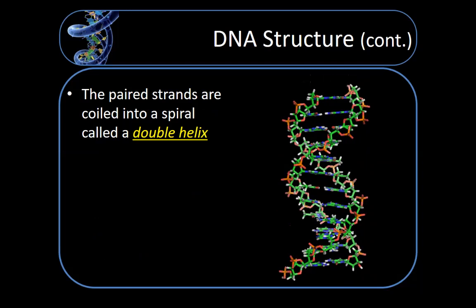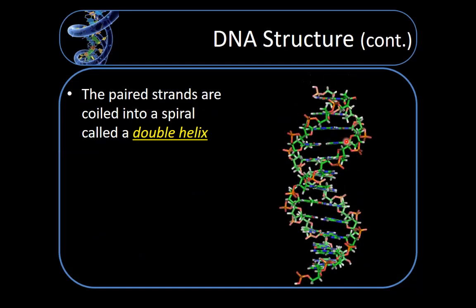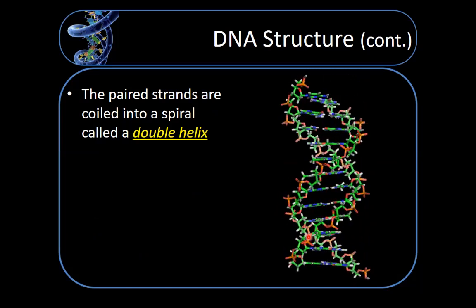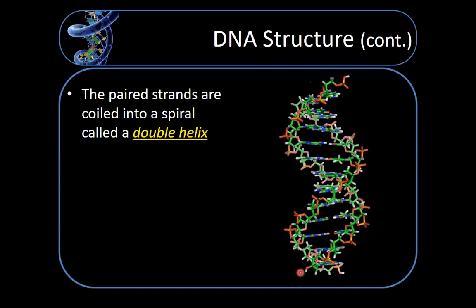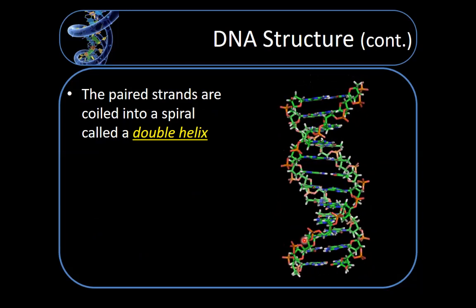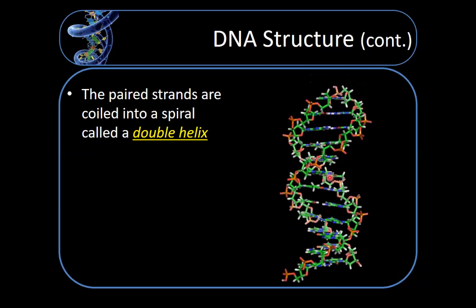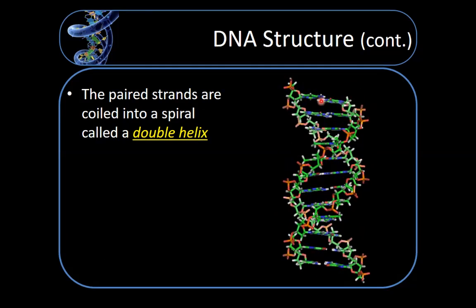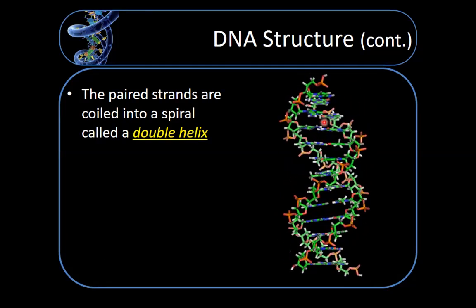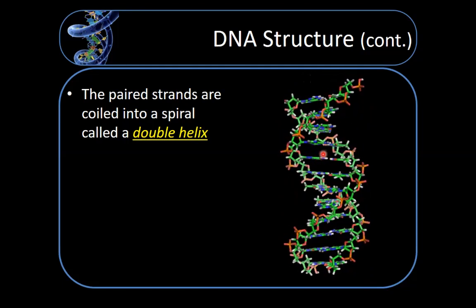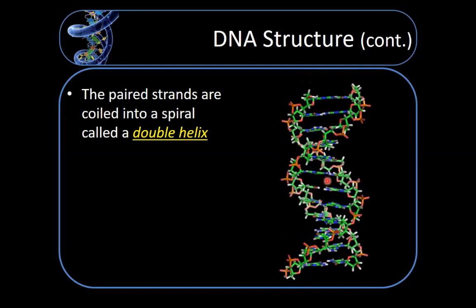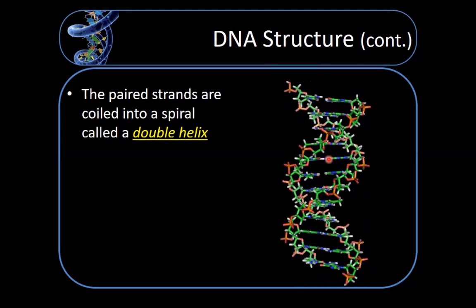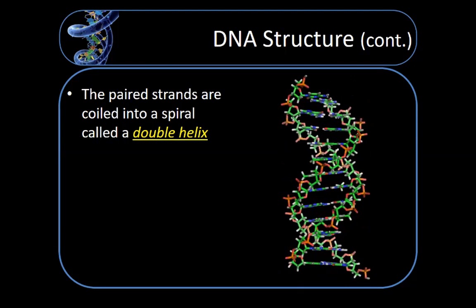On the outside, you've got these two sugar phosphate backbones. You can see here I'm running right along the backbone. Okay? So if I start with the next one, I've got this backbone that goes right here and it twists around, and that's your sugars and phosphates. These little pieces pointing towards the center, these rungs of the ladder, if you will, are the bases. And notice they're not physically connected. They're attracted to each other by those hydrogen bonds that we just talked about.